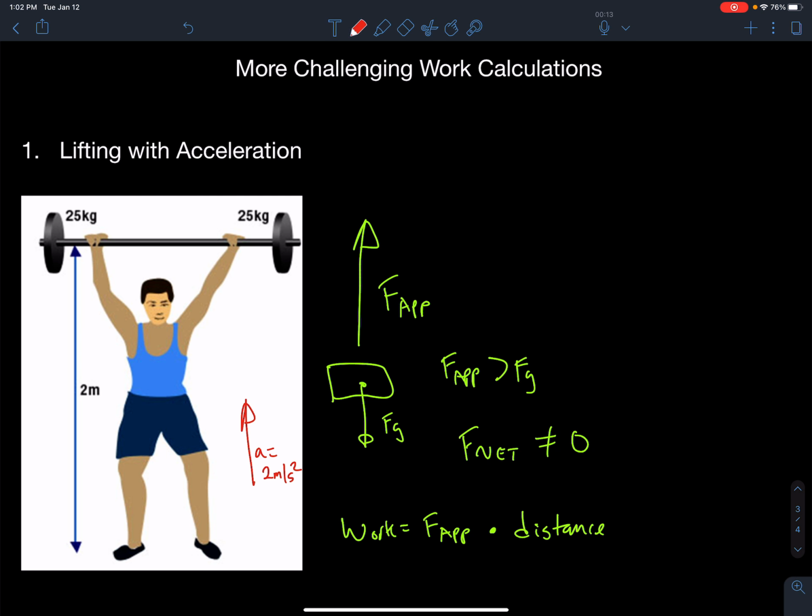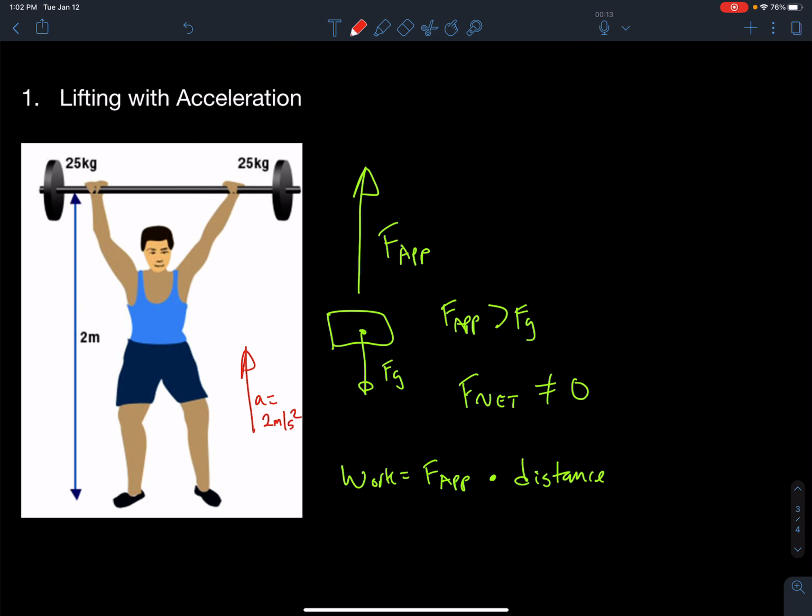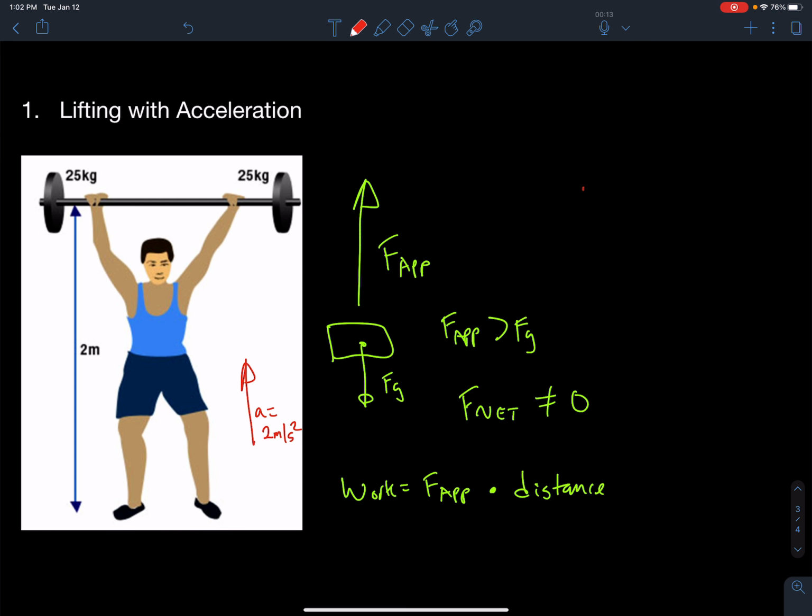Okay, so what I need to understand is that if F net, the net force that he's applying, is not equal to 0, then there will be acceleration. And I remember that F net is equal to ma.